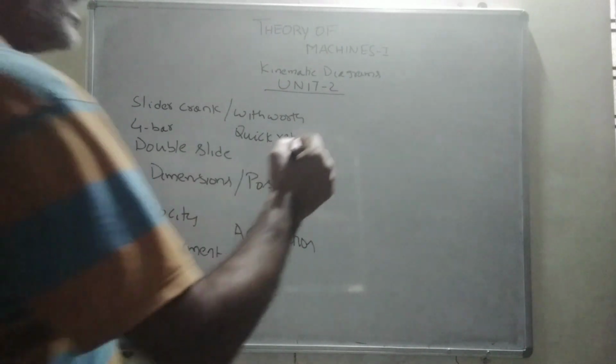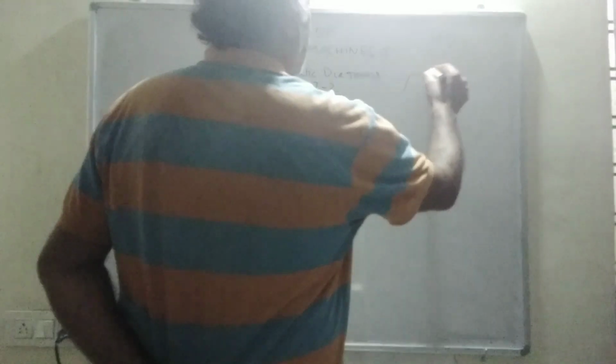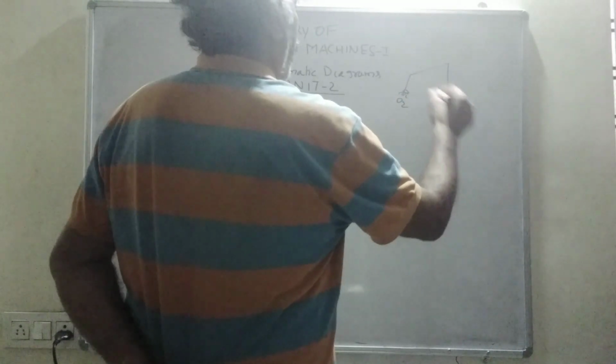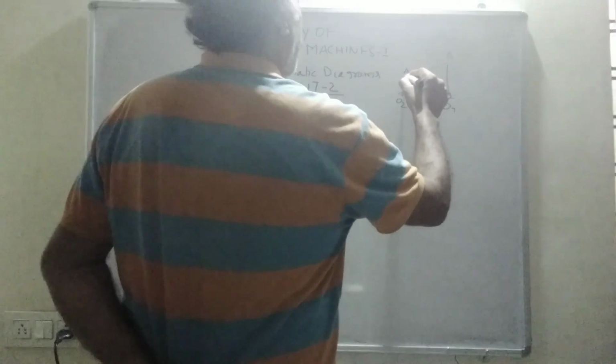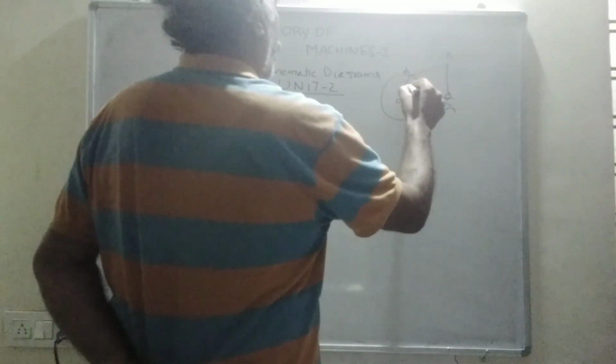So a 4-bar mechanism could be something like this: 4-bar and 2 rotating hinges. So go to O4, and this is the link. Now this rotates in clockwise and counterclockwise.